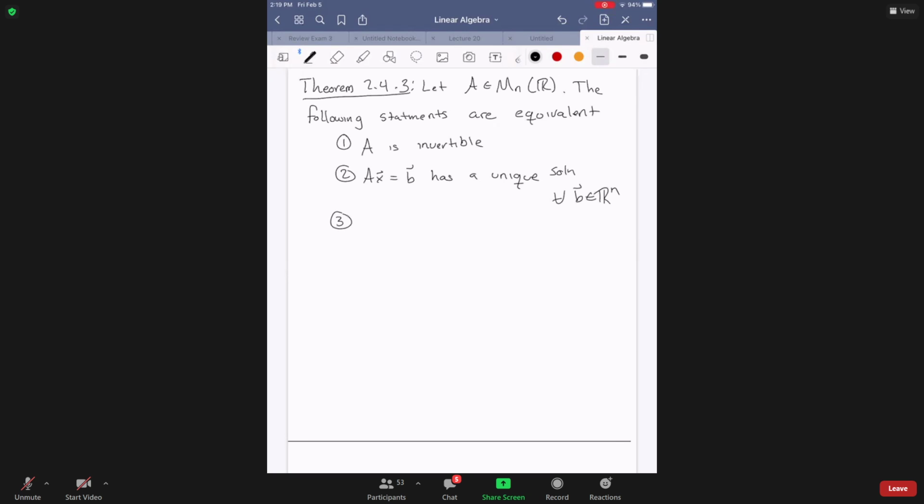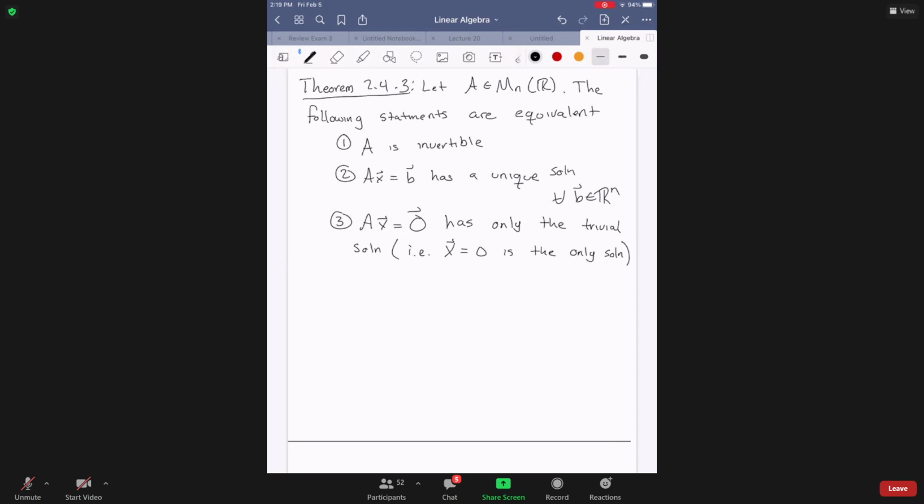3, the homogeneous equation AX equals 0 has only the trivial solution. Trivial solution just means x equals the 0 vector is the only solution.